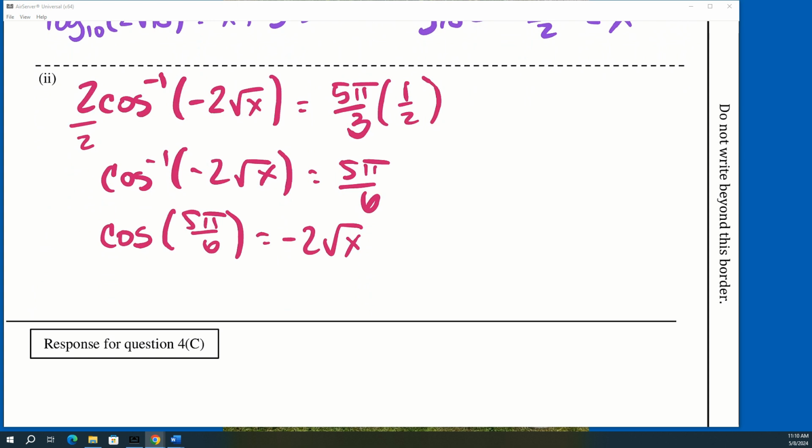So what is the cosine of 5 pi over 6? Good. Negative square root of 3 over 2.